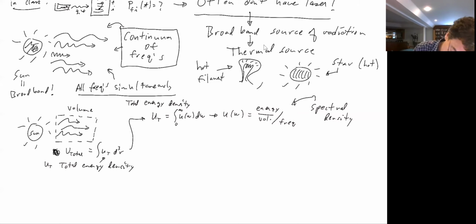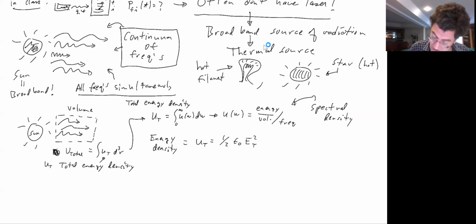And so the way to think about it is, you know that there's a formula for the energy density that you all have learned, or you do learn in some class. You should have learned it in 110 or in physics 7B. The energy density for electromagnetic radiation is 1/2 epsilon naught times the total electric field squared.